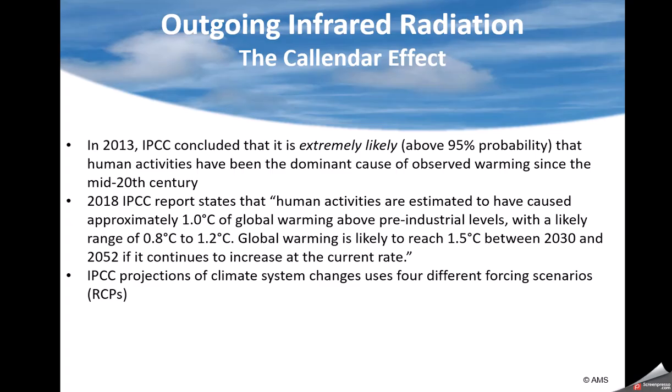So, with that in mind, temperatures are going up, and they have been steadily, and they're increasing at a rate that may exceed about 1.5 degrees Celsius between 2030 and 2050. That's still on the relatively low end.